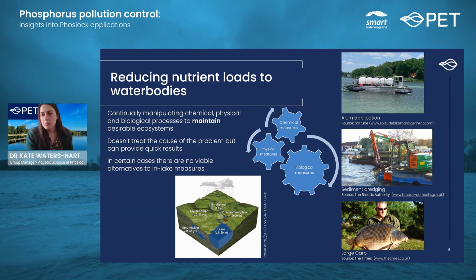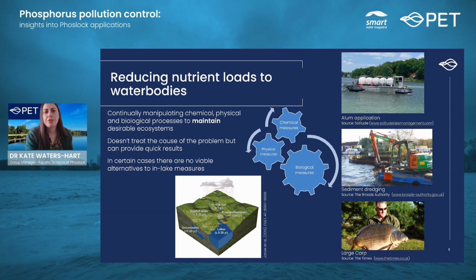This phosphate can then be utilized by algae and aquatic plants, and once they die off, the phosphate returns to the sediment, and then the cycle continues. So you'd need to switch off this internal cycling to see improvements in the water quality.